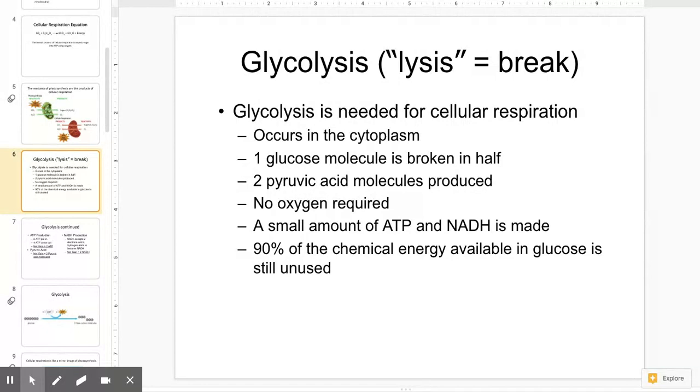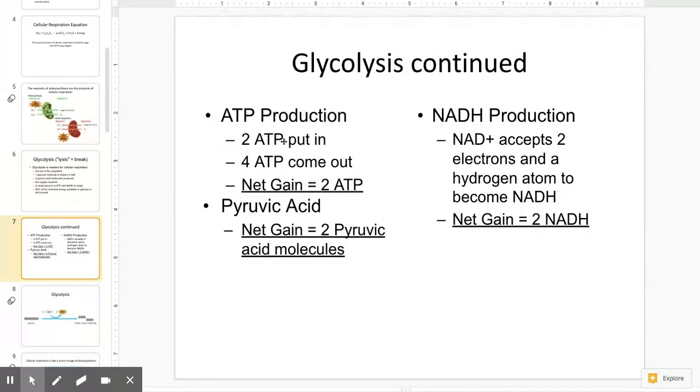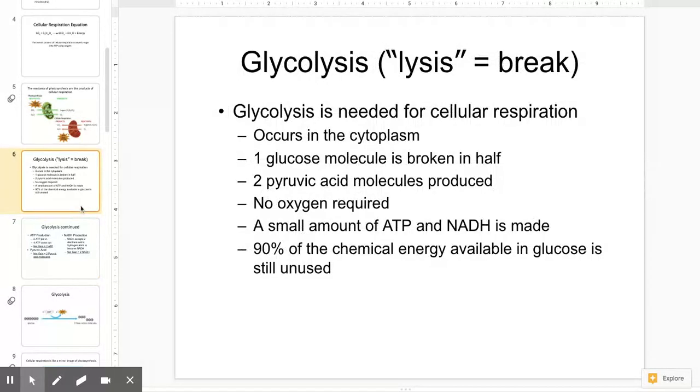A little bit of ATP is made, a little bit of NADH, which is another energy storing molecule, is made, but 90% of the chemical energy available from glucose is still unused. So there's a ton of energy that's being wasted if the next two steps do not occur. And the pyruvate, it just kind of sits there.